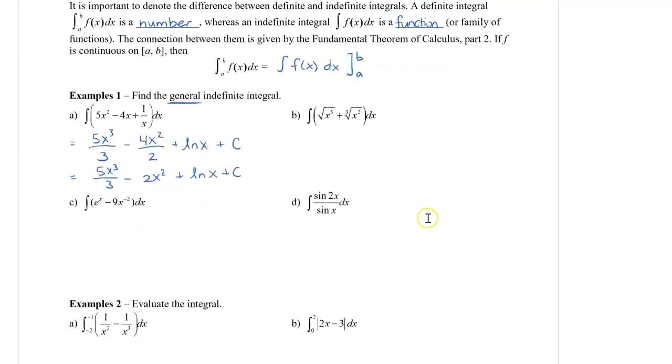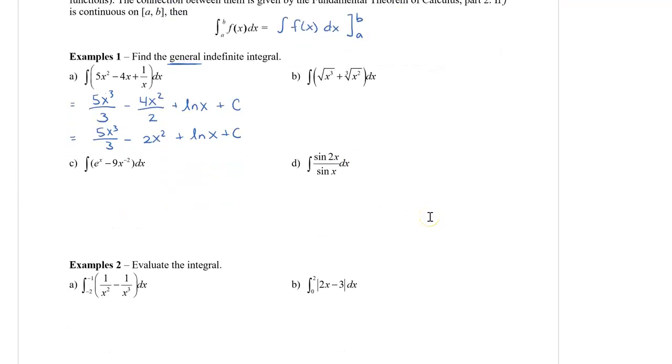All right, let's take a look at another one. So the integral of e to the x minus 9x to the negative 2. Remember that e to the x is a great one, because the integral of e to the x is e to the x, because the derivative of e to the x is e to the x. And then we have minus 9x.